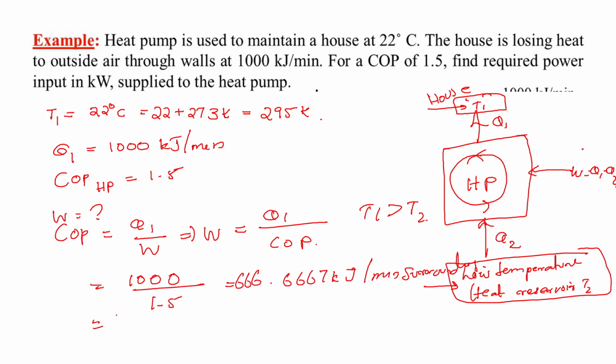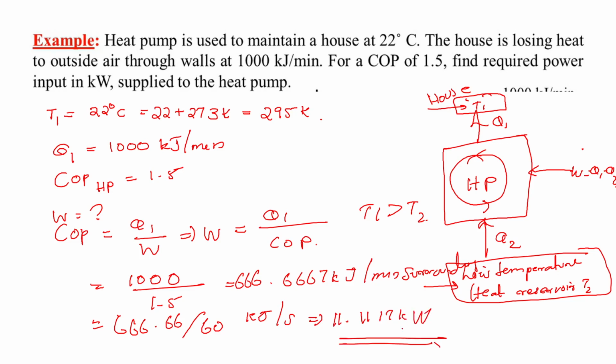So if you convert this into seconds, it will be 666.66 divided by 60 kilojoule per second. It will be 11.1117 kilowatt. So that will be the answer for this question. So please go through it once, then we will discuss the next problem.